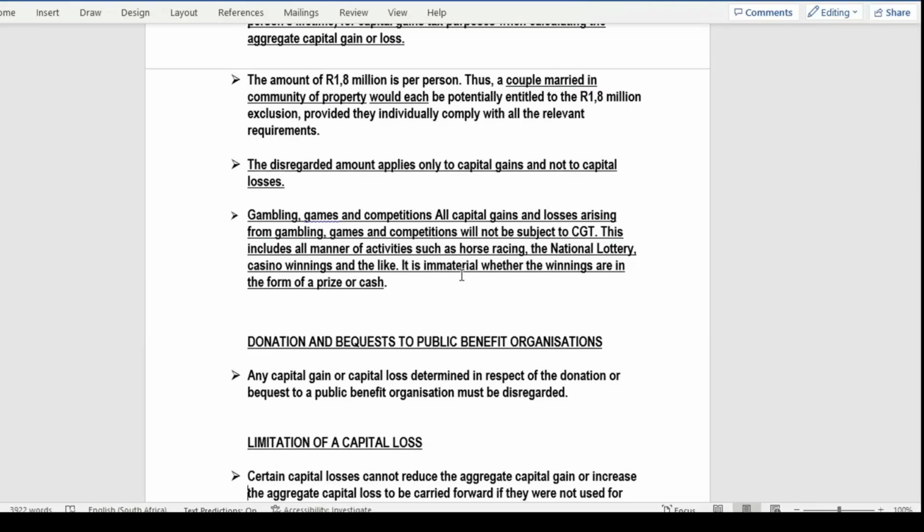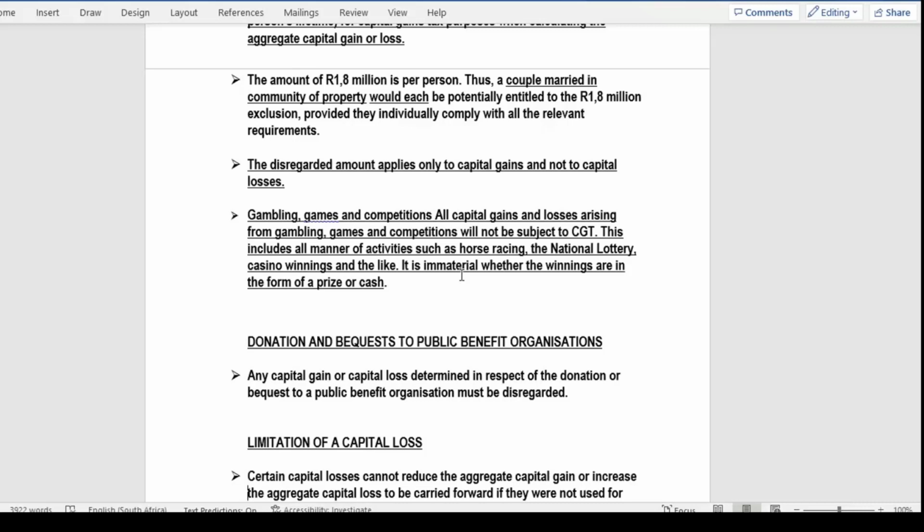Sometimes the gambling can be in the form of winning an item, not necessarily cash. However, it does not result in the determination of CGT. They are actually excluded. That would include other things like soccer gambling, whatever you may name it, as long as it is actually gambling.